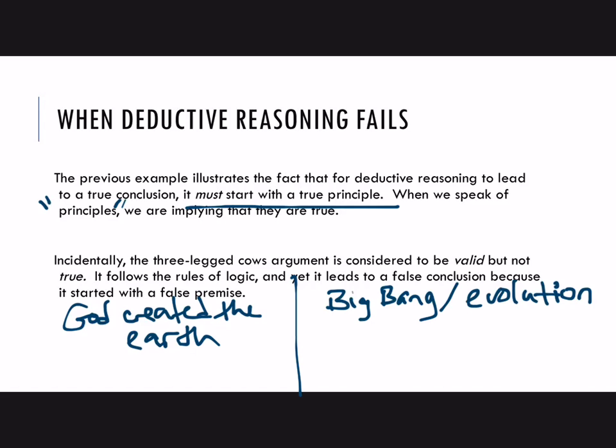So 2 wildly different premises, and if you accept one of these to be true, then naturally you're led to a whole host of facts based on those starting premises.